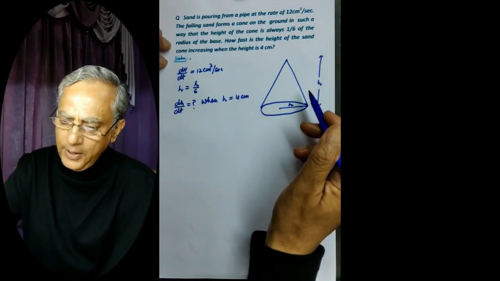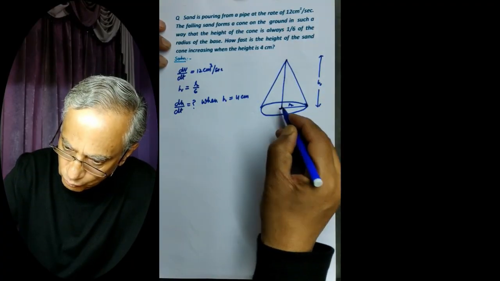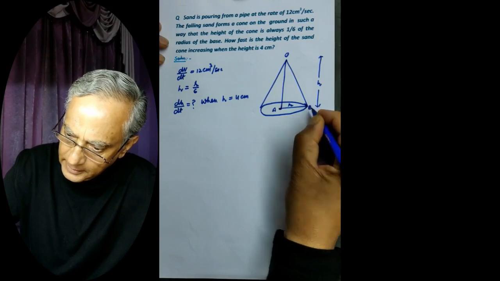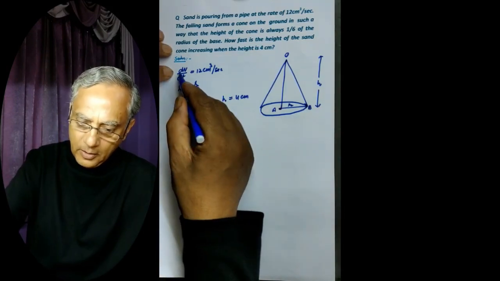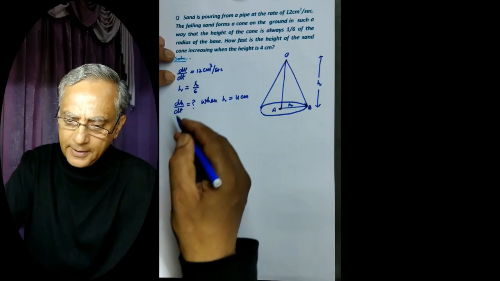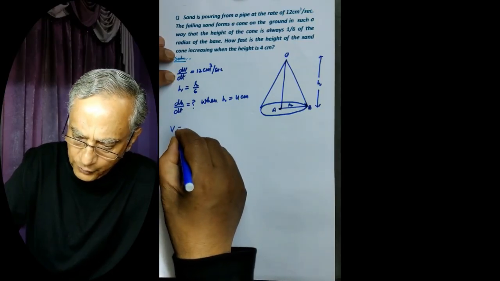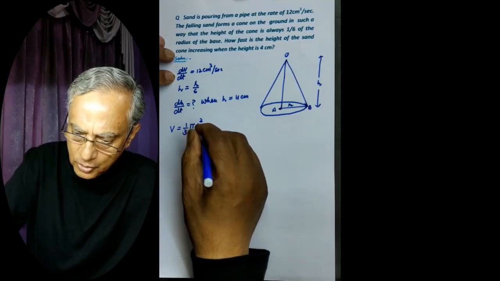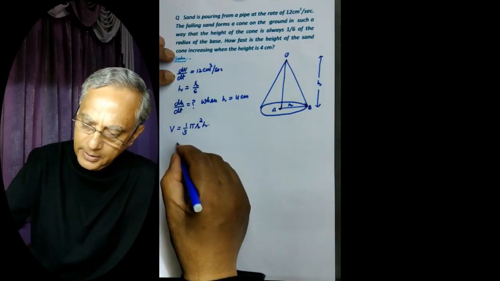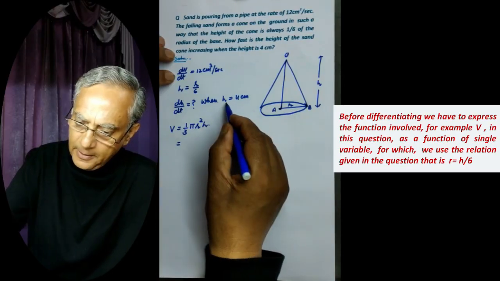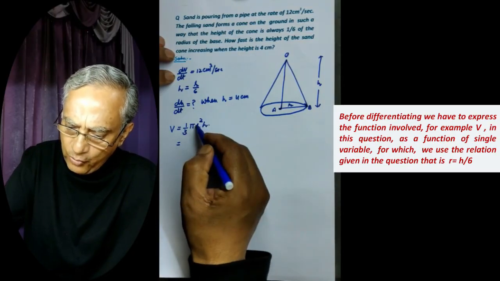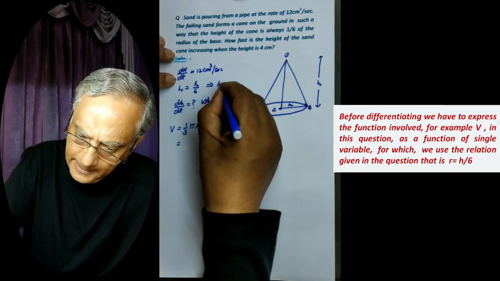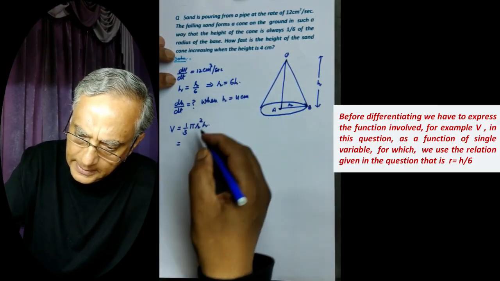Now we have converted this whole question into a mathematical statement. Now we solve this. Let this be O, this be A, and this be B. Now we are given dV by dt is this much. Now the volume of the cone is 1 by 3 pi r square H. H is given to be 4 centimeters, so we shall convert this in terms of H. So this implies R is equal to 6H.